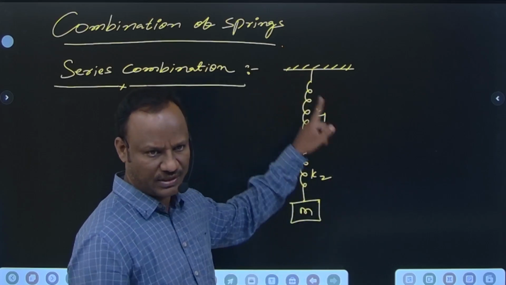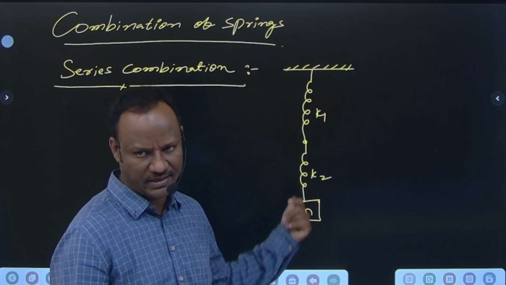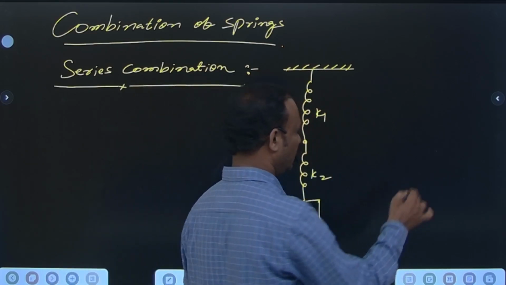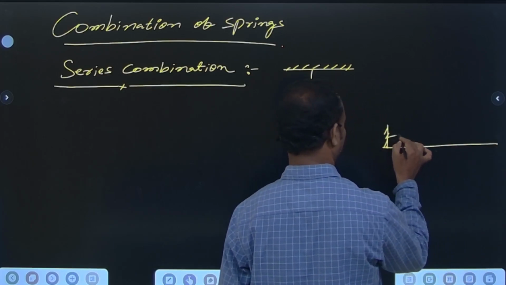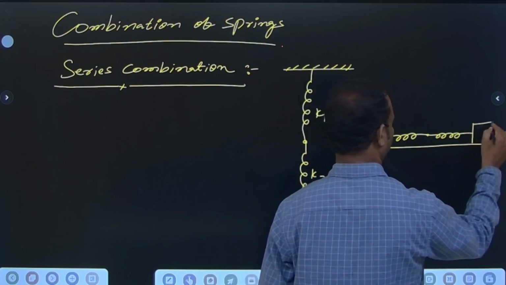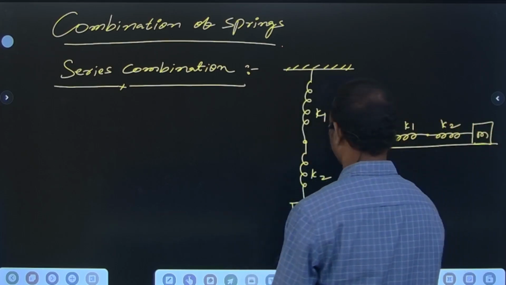This is vertically hanging freely, vertically oscillating. Here one spring, next is another spring, here the mass is M, with spring constants K1 and K2.